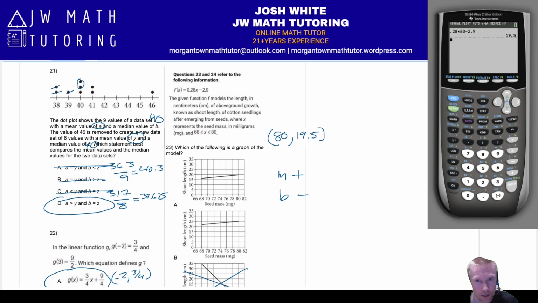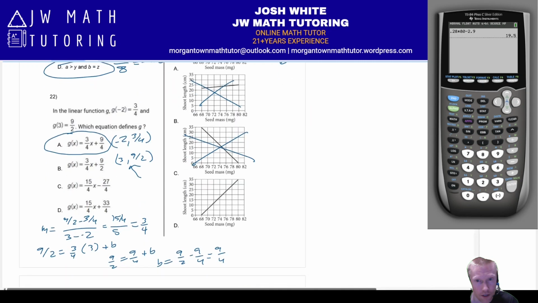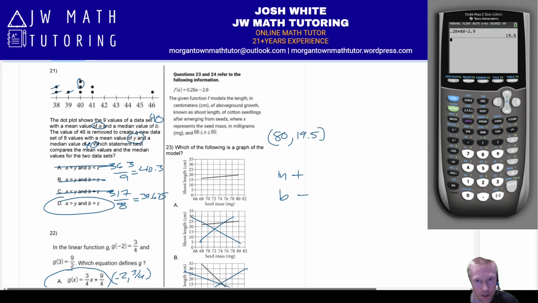So A looks like it could be correct, so we keep it for now. B is obviously not correct because the 80 value is up here at almost 25, so cross it out. We go down to letter D, and we have 80 up here at something like 35. So by process of elimination, the correct answer for this one is letter A.